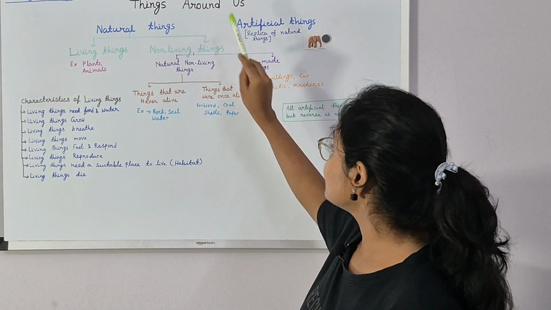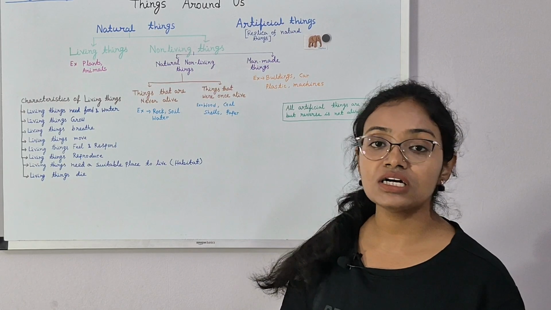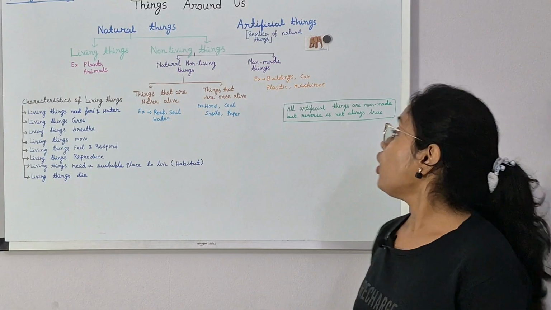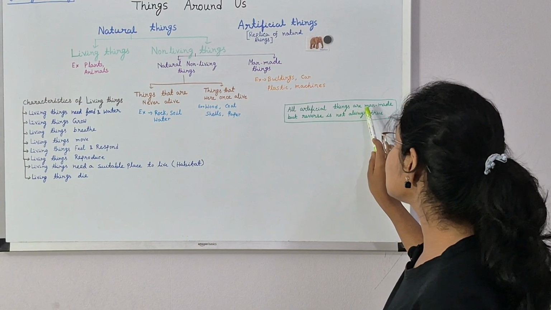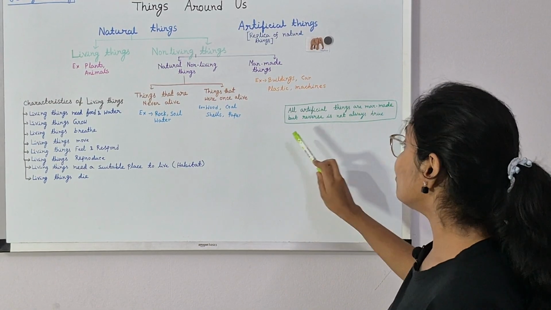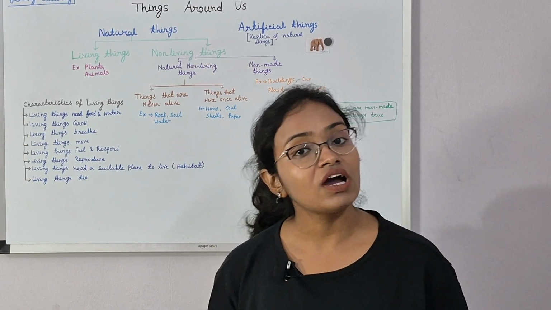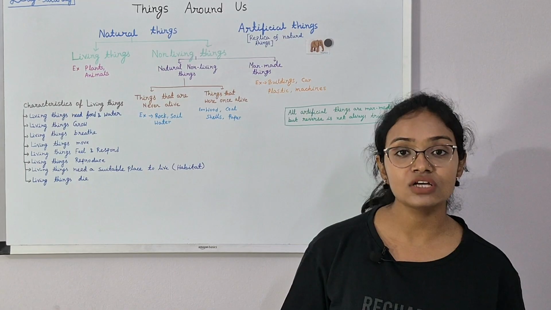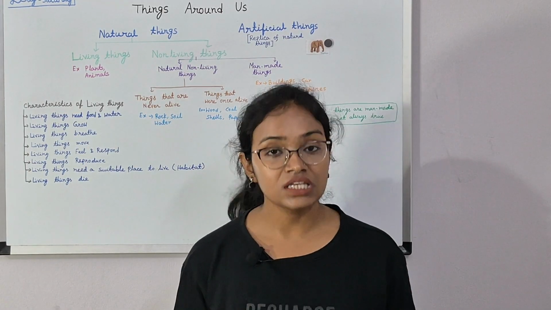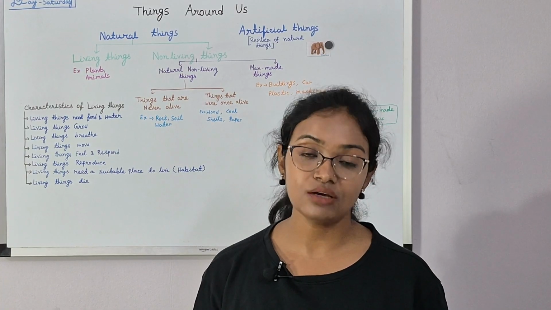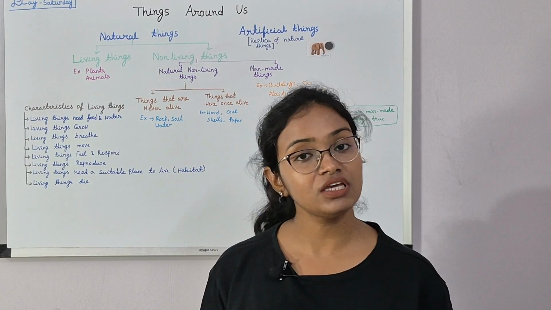Man-made things and artificial things are almost similar, but there is a slight difference. All artificial things are man-made things, but the reverse is not always true. Why? Because there are some things which are not a replica of a natural thing, but are made by humans.